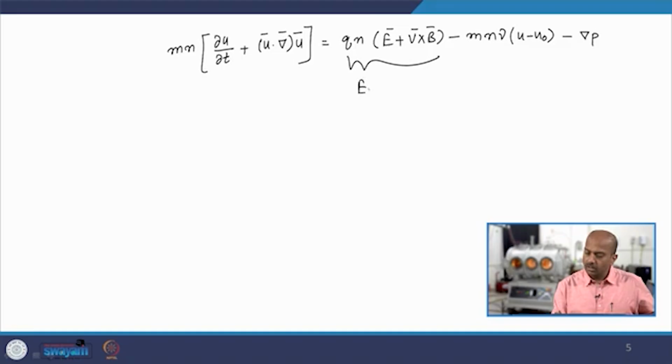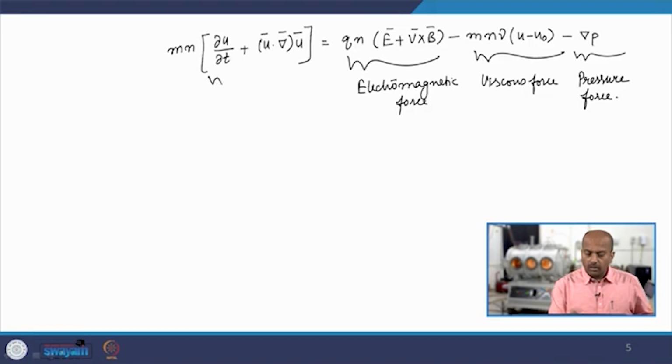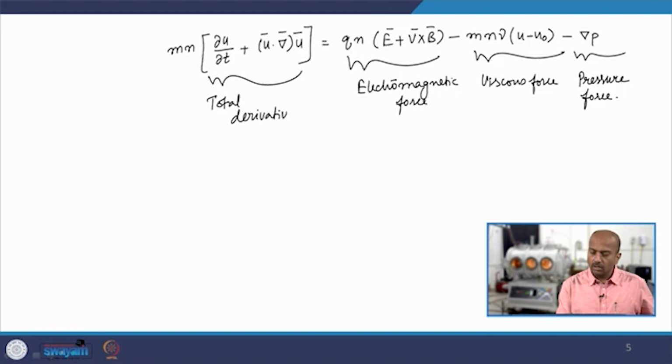So, this is the term which takes care of the electromagnetic force. This is the term which takes care of the viscous force, and this is the pressure force. And whatever that appears in the square bracket, as we have already discussed, this is the total derivative.